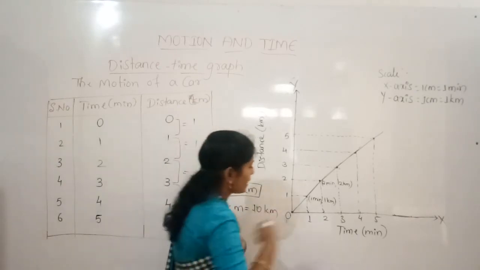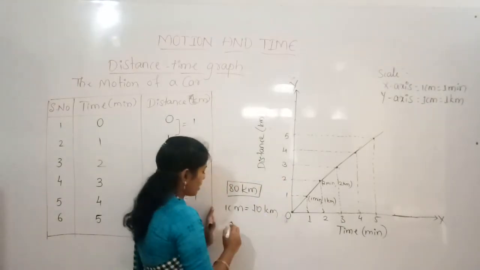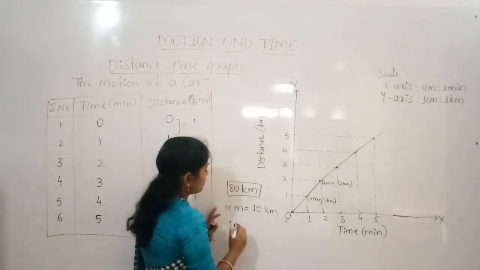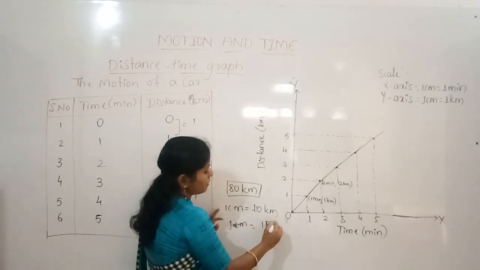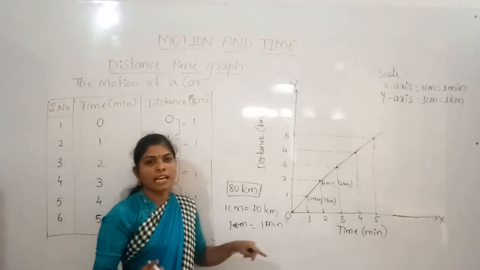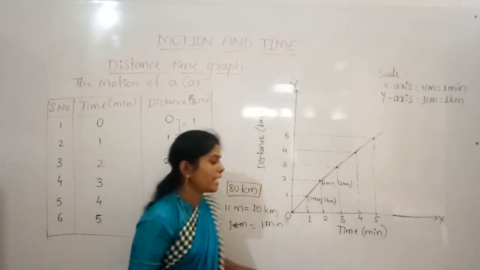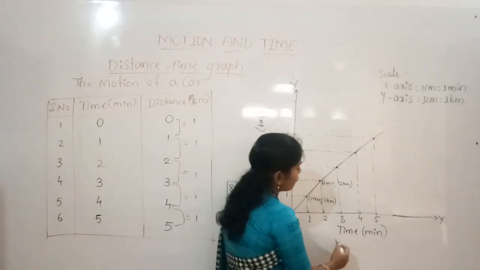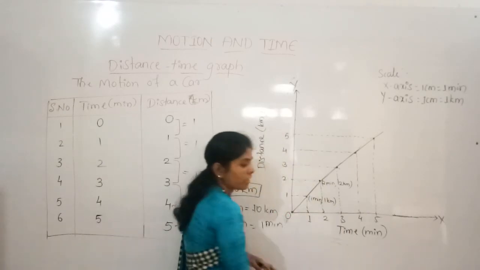Now again here also along the x axis, for time we have taken 1 centimeter equal to 1 minute. Suppose if it is in hours, then 1 hour has 60 minutes. So again this will be very difficult, and if one graph is in kilometers and another in meters, it will not be convenient.